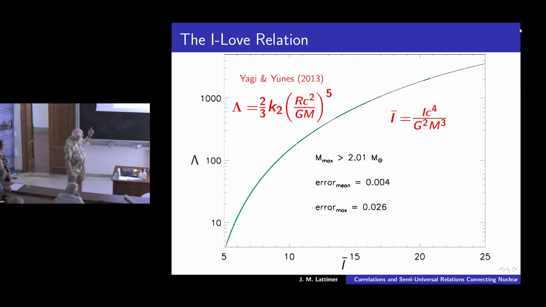The tidal deformability is an interesting case because you can see directly from this relation that it's very sensitive to both the mass and the radius in an inverse way. It turns out that K2 also depends on roughly one power of R over M, so the tidal deformability depends on the inverse sixth power of the compactness of the star.